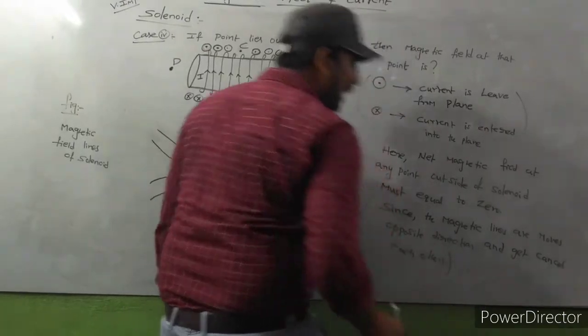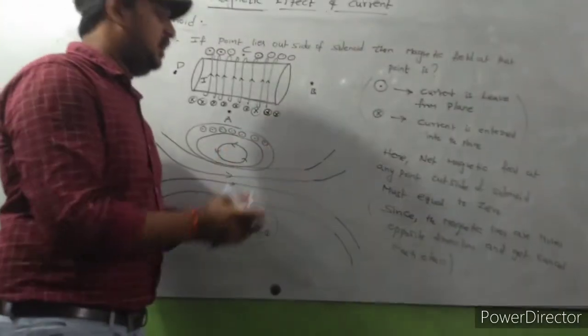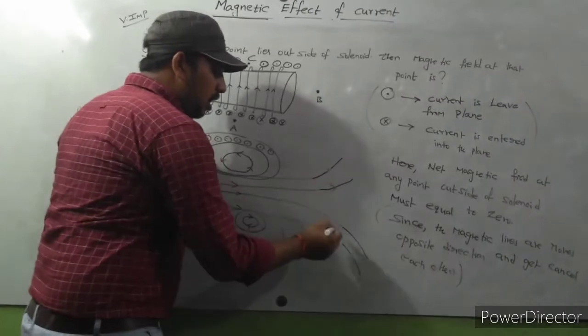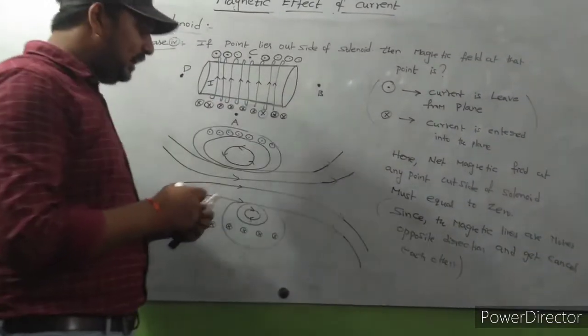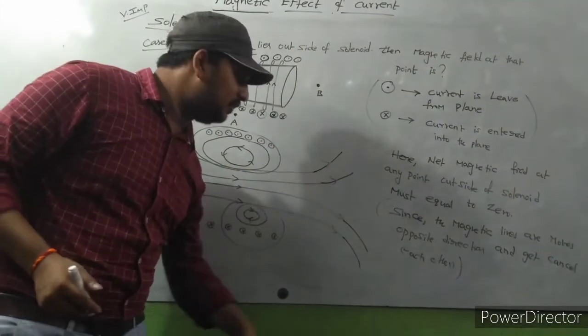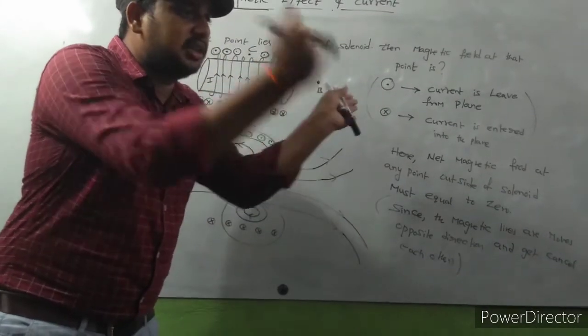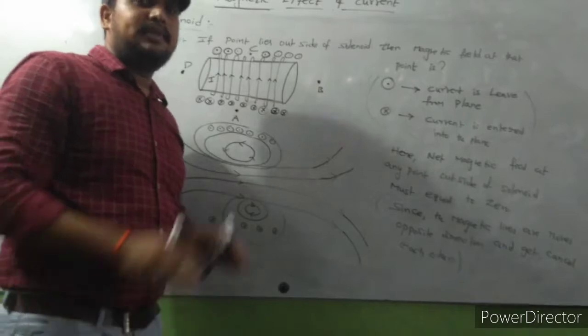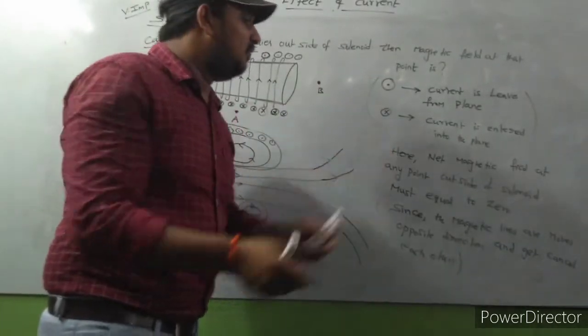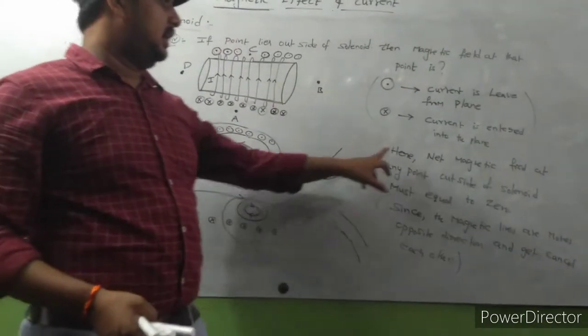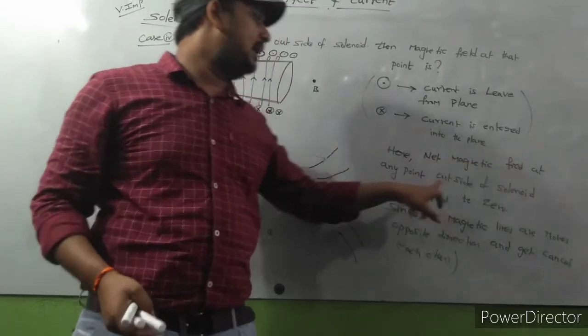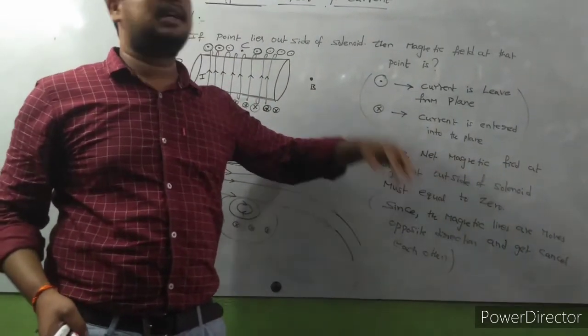Observe here, two magnetic field lines are moving upward, two are moving downward. These magnetic field lines move in opposite directions with the same magnitude. That's why the net magnetic field becomes 0 at any point outside of the solenoid.